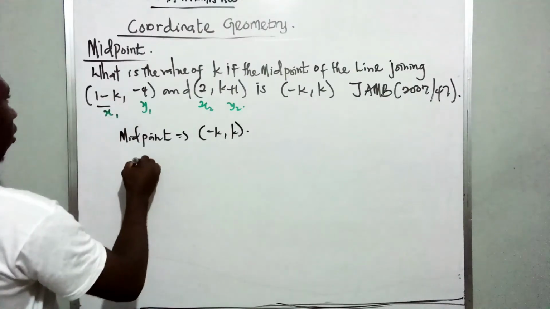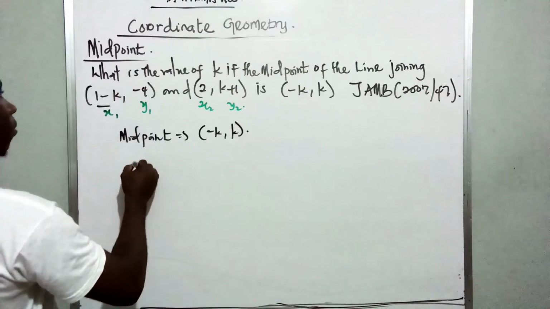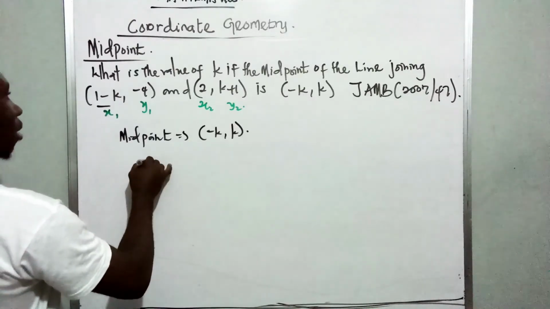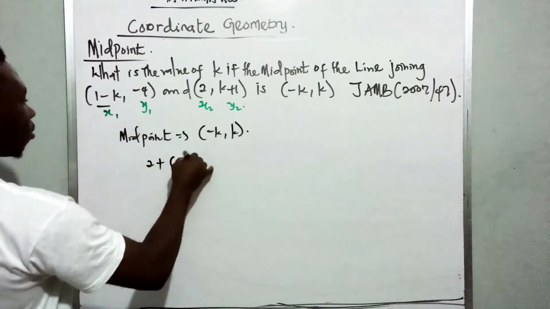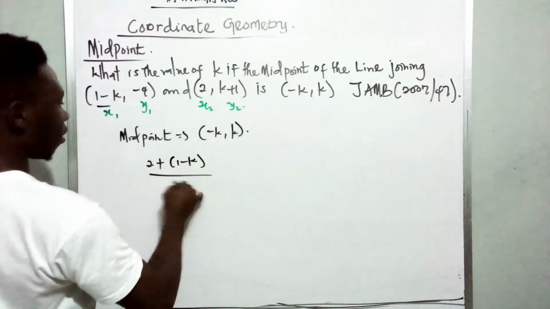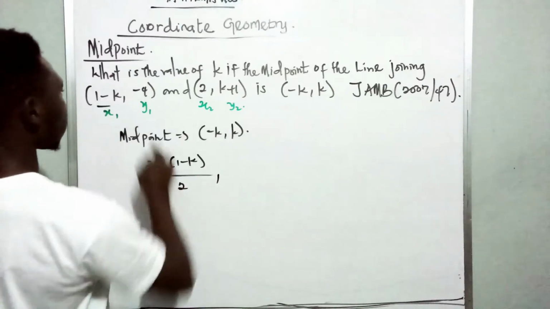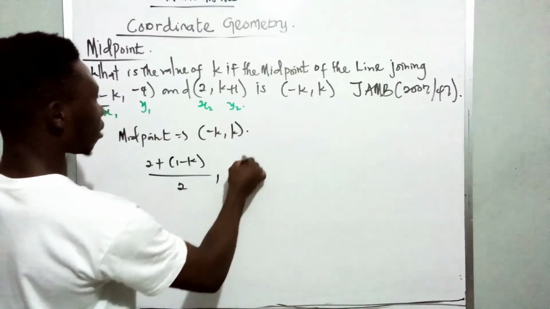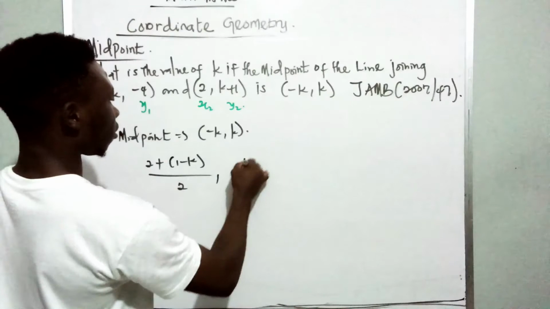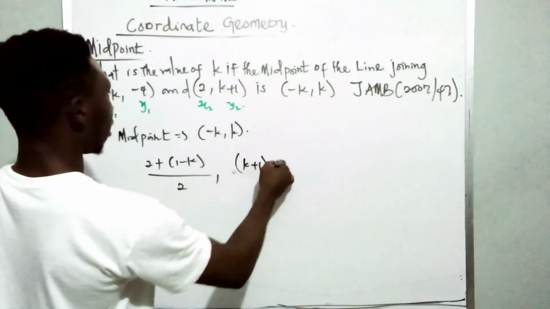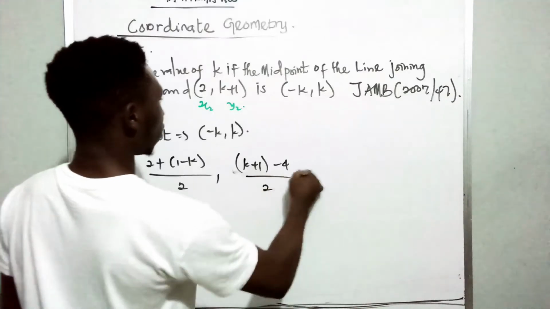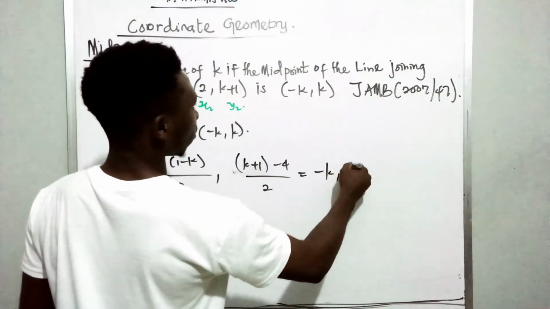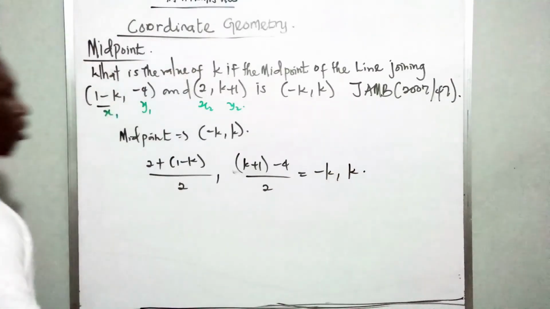So proceeding, we can now say x2, that is 2 plus 1 minus k over 2, comma, and y2, that's k plus 1 minus 4 over 2 is equal to minus k, comma, k, which is the midpoint.